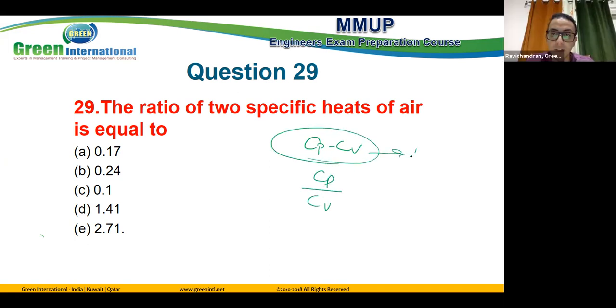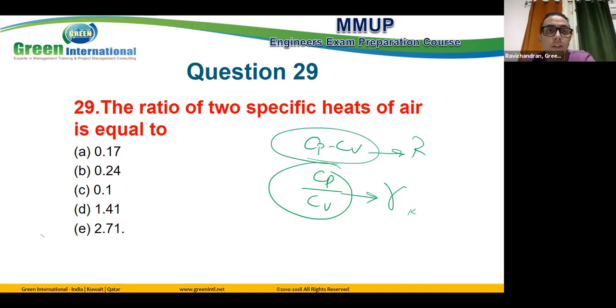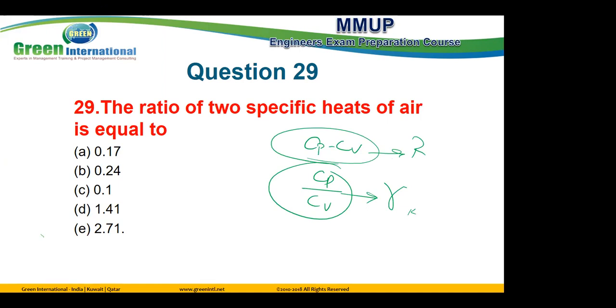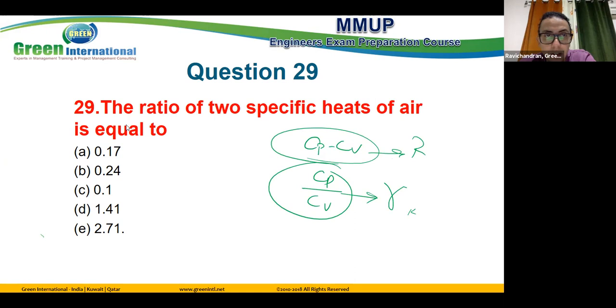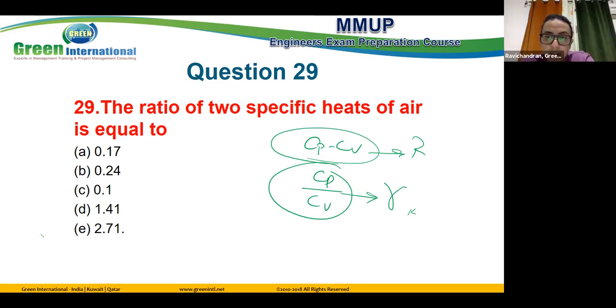This one is R, and this one is gamma or k. So what is the answer here? Cp over Cv. Yes, so the answer is 1.4. So 1.4 is the correct answer for gamma or k. 1.4 for air.